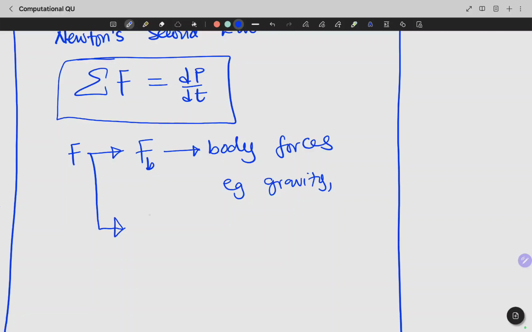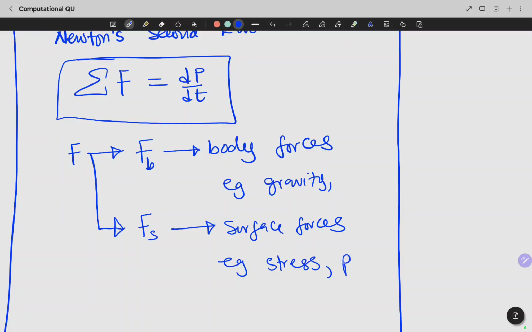And there is the second category of forces that can affect some part of the fluid, especially the surface. We call them surface forces. So these are e.g. stress, the stress across the surfaces of the fluid, and pressure, because the fluid is going through this way, so the pressure will be here, and then we push it.